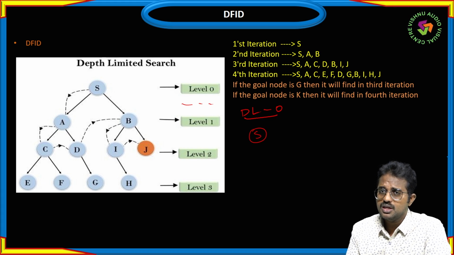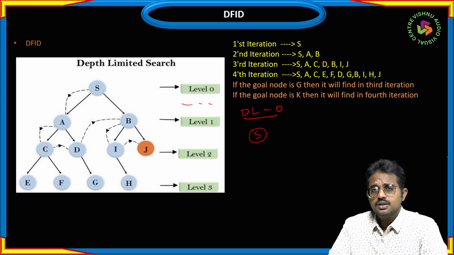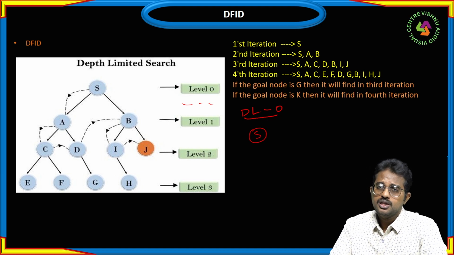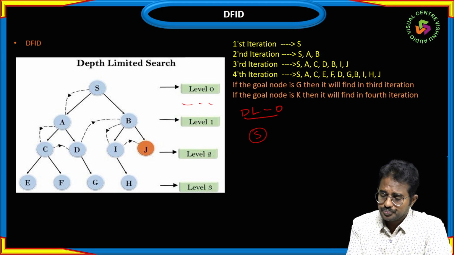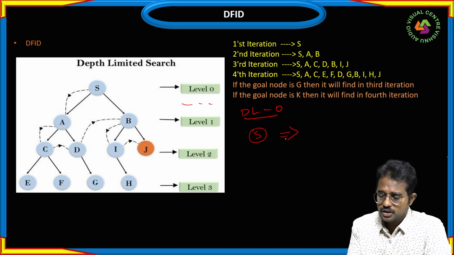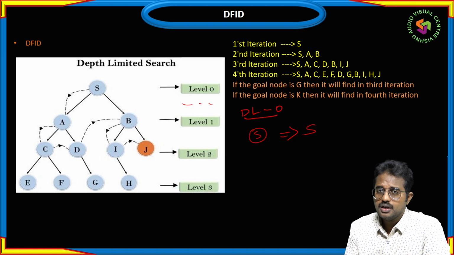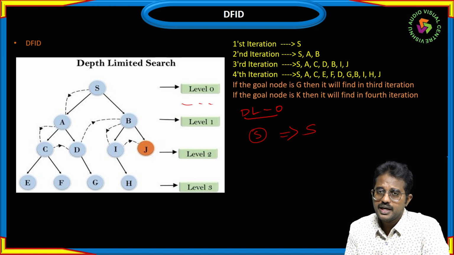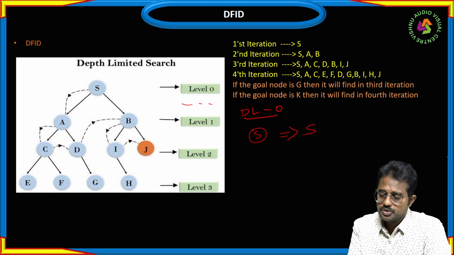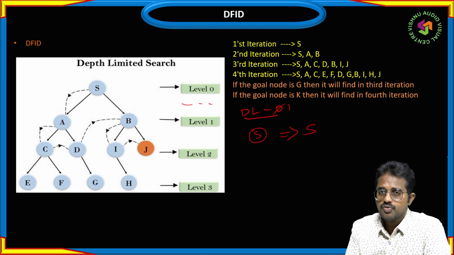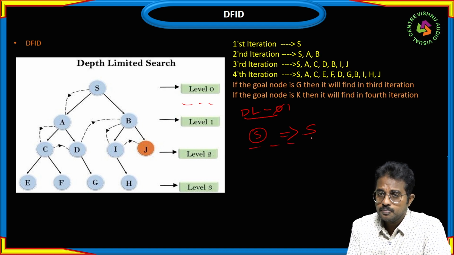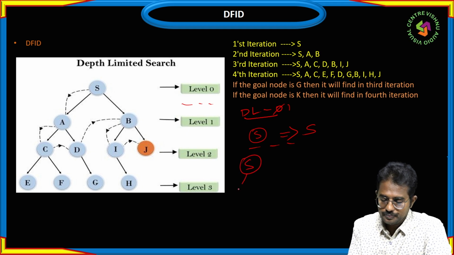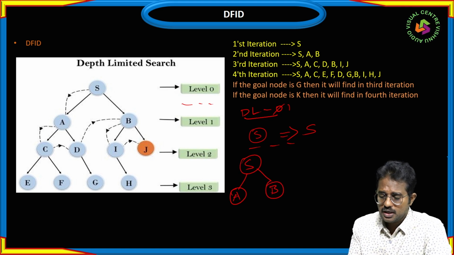Next I apply DFS on S, and the goal node will not be found in depth limit 0. So in the first iteration my output is only S visited. After this, I increase the depth limit from 0 to 1, and the graph I get is S, A and B. I apply DFS on this graph.